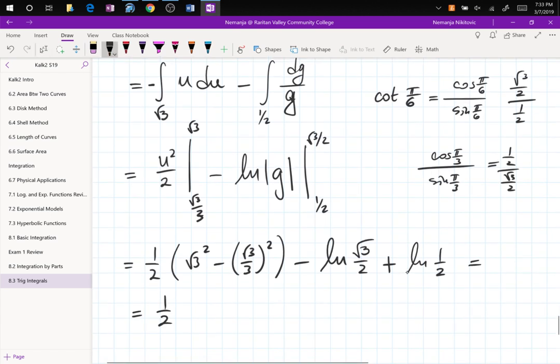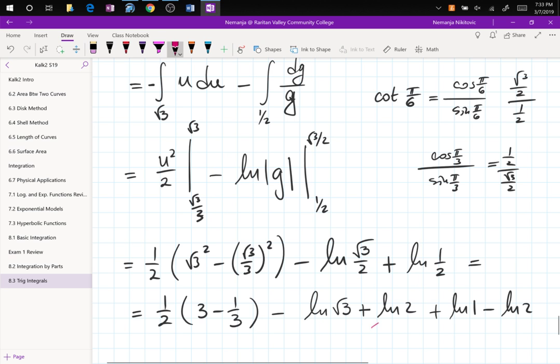So this is 1/2 of 3 minus 1/3, minus ln root 3, minus and minus is plus ln 2, plus ln 1 minus ln 2.